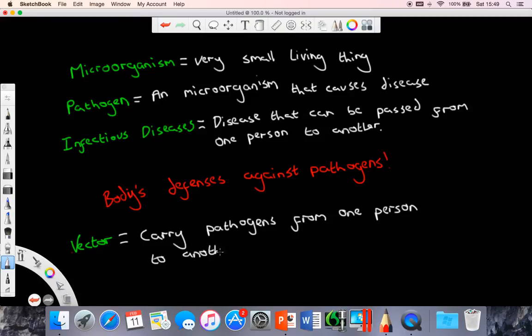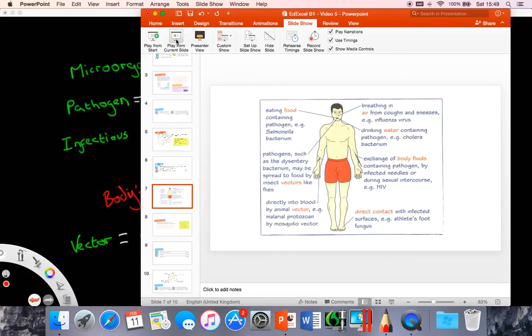Something that is really important here is that they are not pathogens. They simply carry the pathogen from one person to another. So for example, mosquitoes carry the malaria pathogen. The mosquito is the vector. Okay?